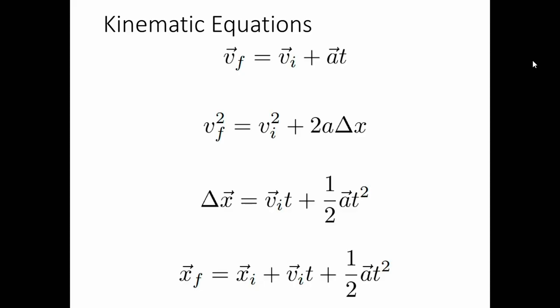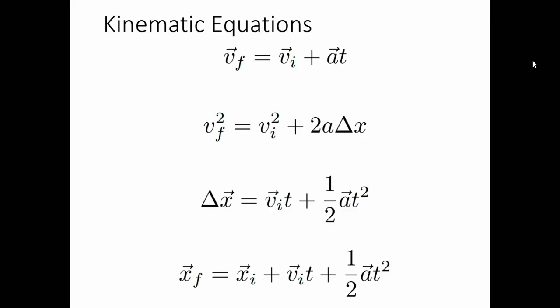The first 2 equations are unique equations. The third and the fourth equations are the same thing, just written a little bit differently. So I tend to like writing the delta x version of the equation, but you can also expand the delta x out to be x final minus x initial, and then you move the initial position to the other side.